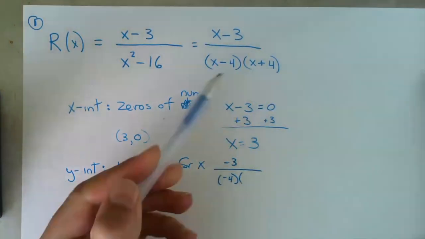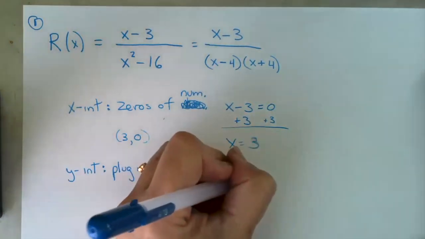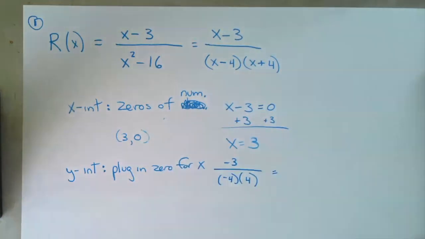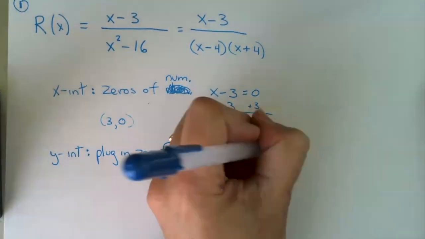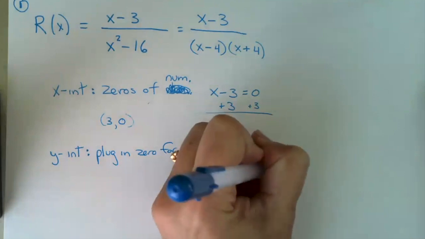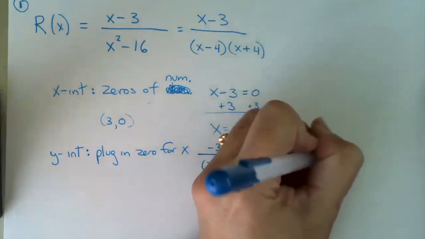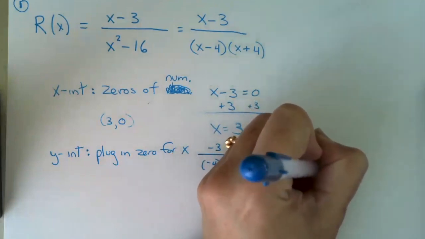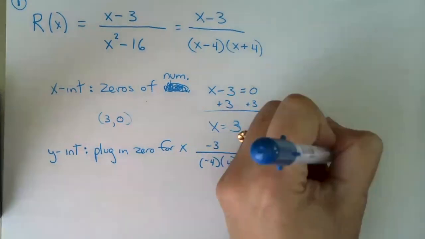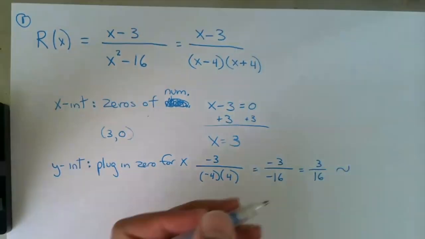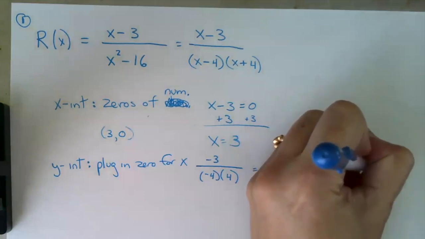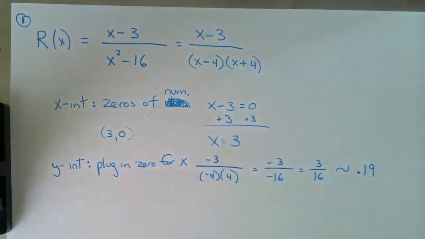And when we plug in 0 to this factor, we get 4. When we put that all together, we get negative 3 over negative 16, which simplifies to just 3 over 16, which is approximately 0.19 as found on my calculator.